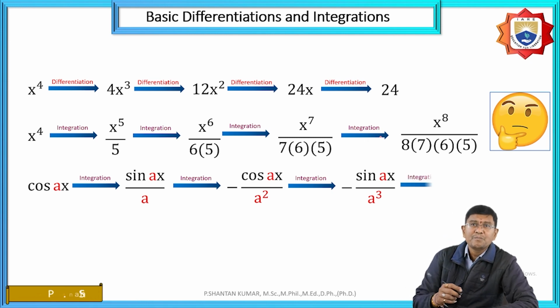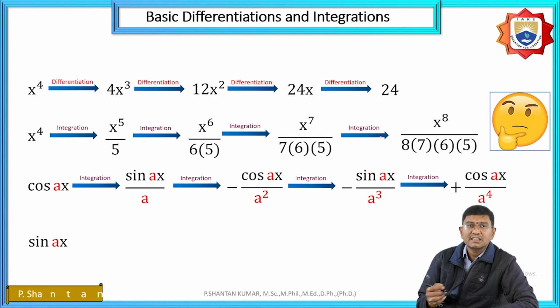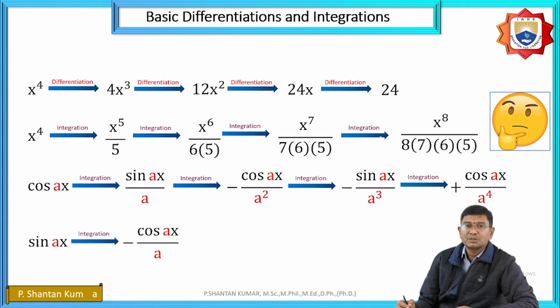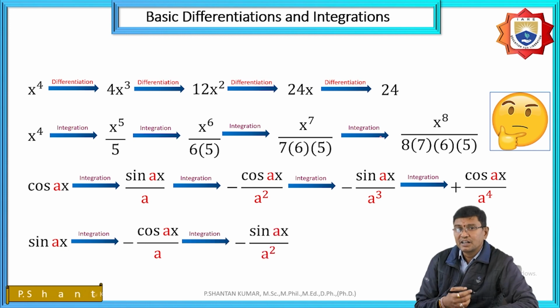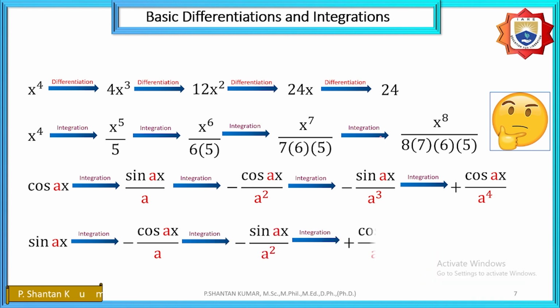Again, the integration of sin x is minus cos x by a, then minus sin x by a square, and further cos x by a cube. These continue level by level, the first being the derivative and the remaining being integrations.